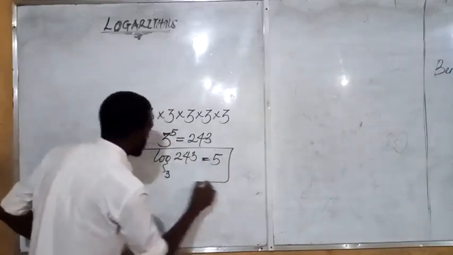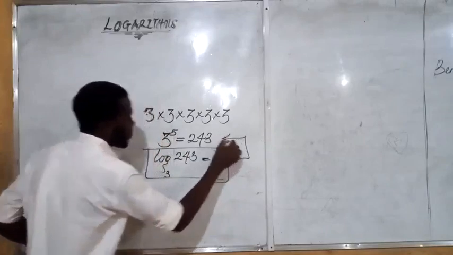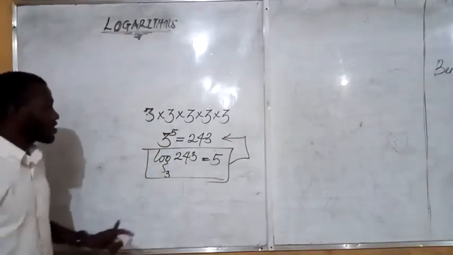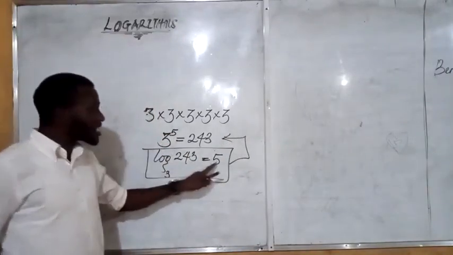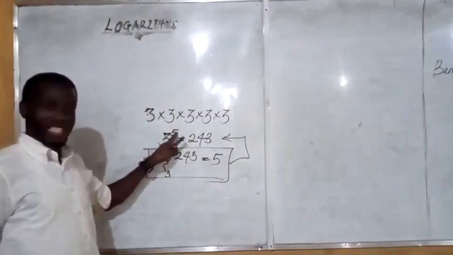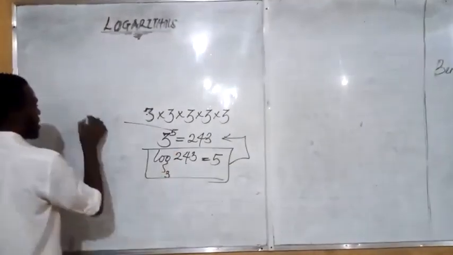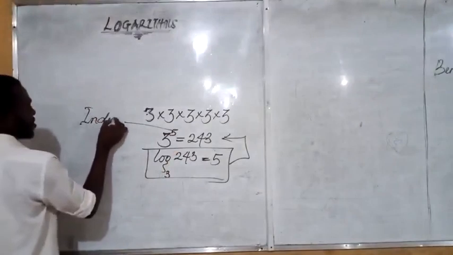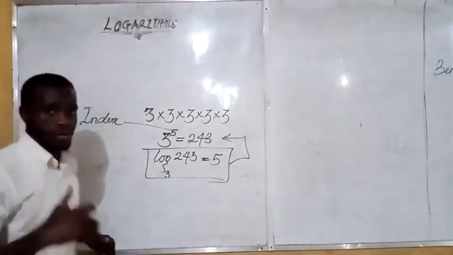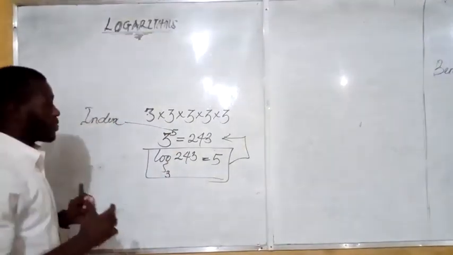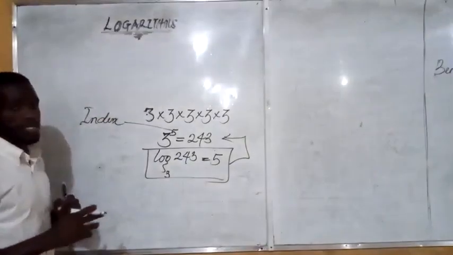Now, how is this related to this? Let me explain. Our answer here is what is actually the index here. You remember in our indices video, by the way, if you have not seen that video, I encourage you to go and see it. I explained indices thoroughly.